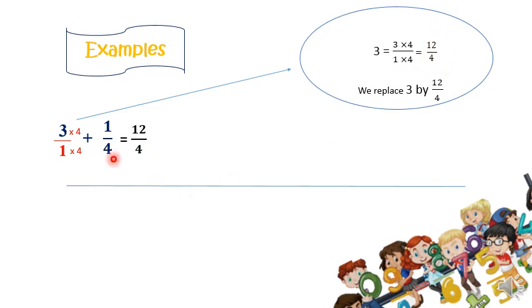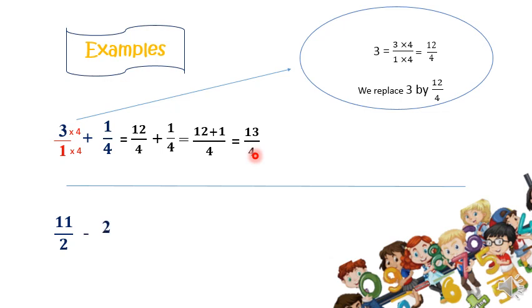Look, I will put equal, write the first whole number, instead of it an equivalent fraction, write plus, then write the second fraction, which is a quarter. Now they are ready to add. Why? They have the same denominator. What to do? Add the numerators and keep the same denominator. The answer will be 13 over 4.